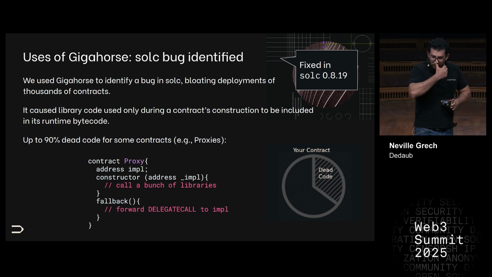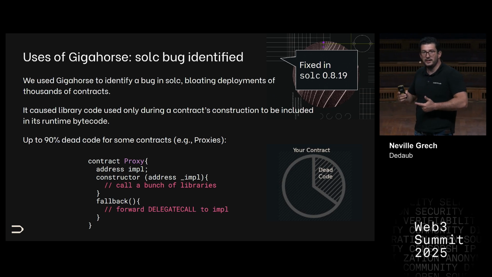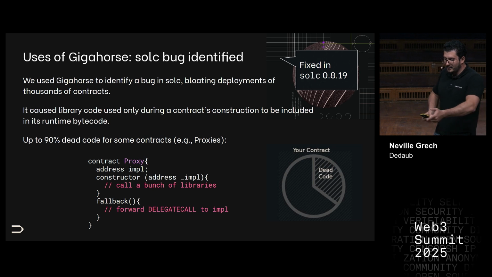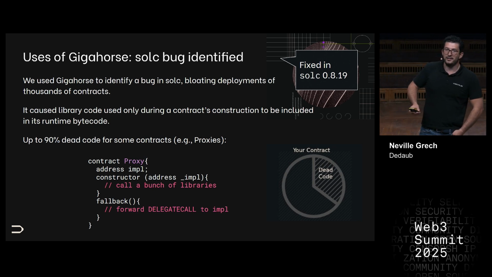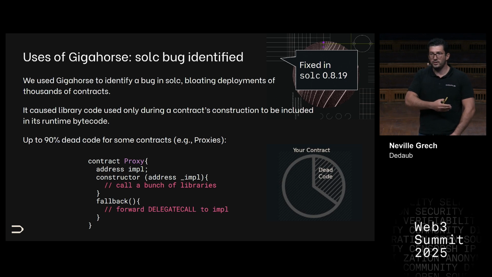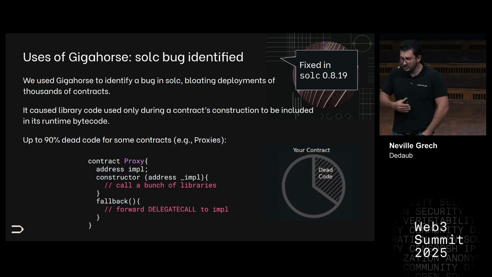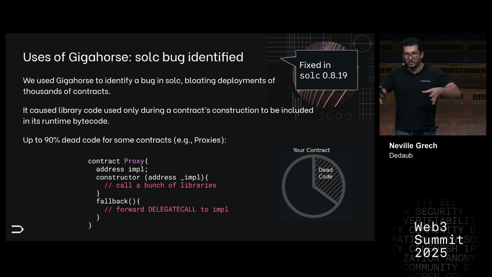And as I mentioned before, code that is in the constructor doesn't need to be in the runtime bytecode. It just so happens that the Solidity compiler had a bug, and any library that you used in the constructor in many different versions of Solidity, I think from 0.7, also 0.8, had this problem. It was including code that didn't need to be there.